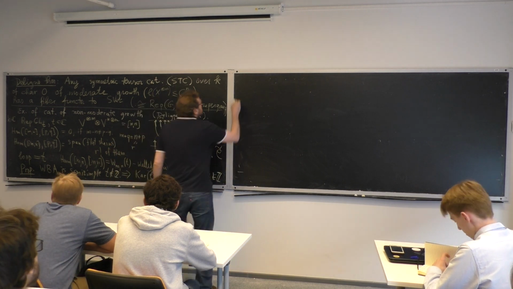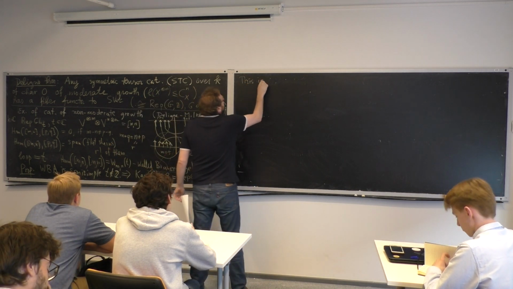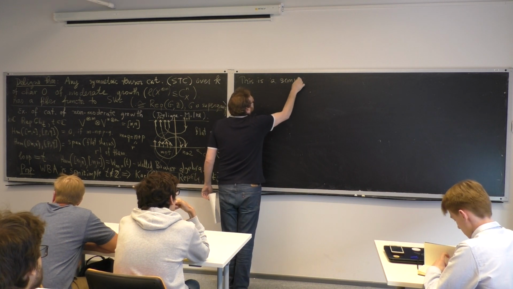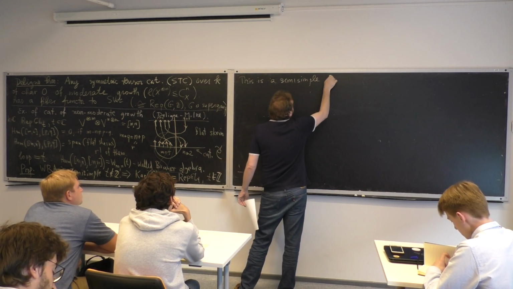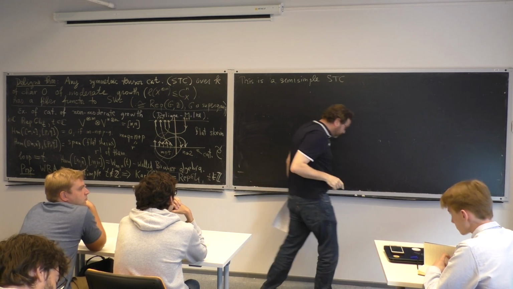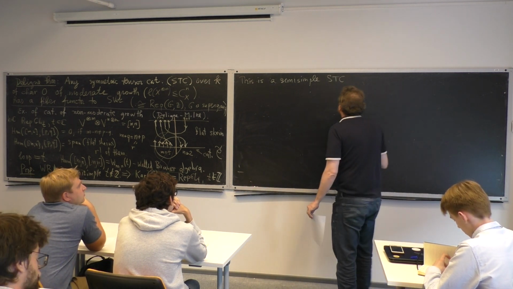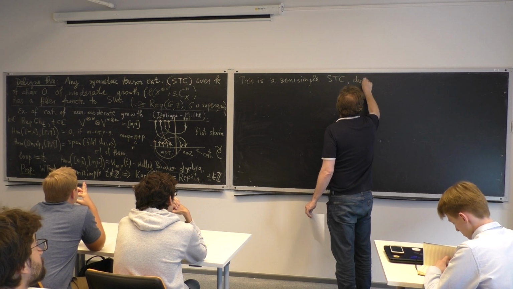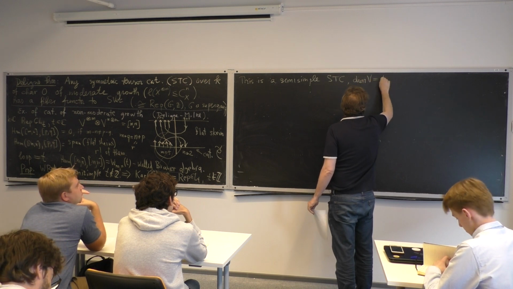And this is a semisimple symmetric tensor category. In this category, the categorical dimension of this object V is equal to t.